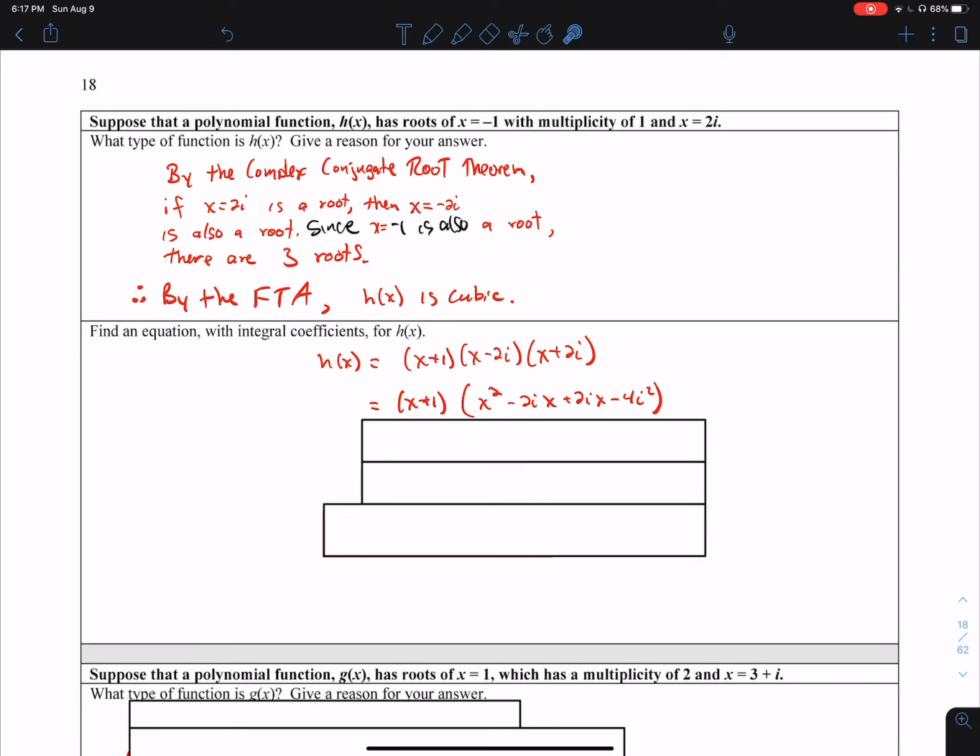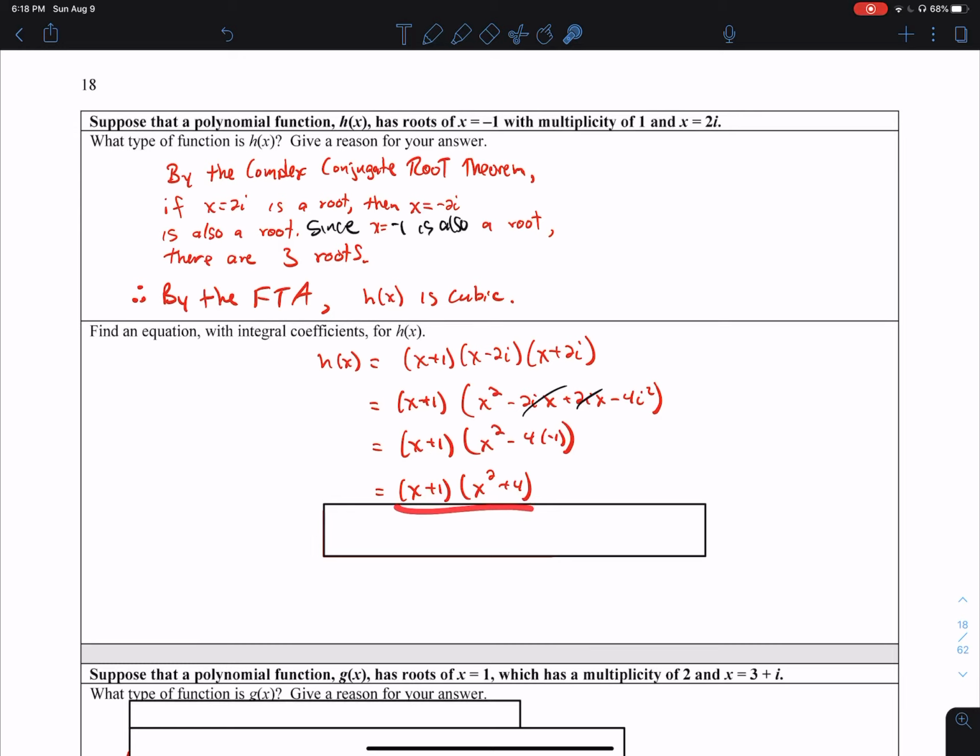Negative 2i times x is a negative 2ix. So the two middle terms will cancel out every time you multiply conjugates. And negative 4 times i squared, which is negative 1, so this becomes x squared plus 4.